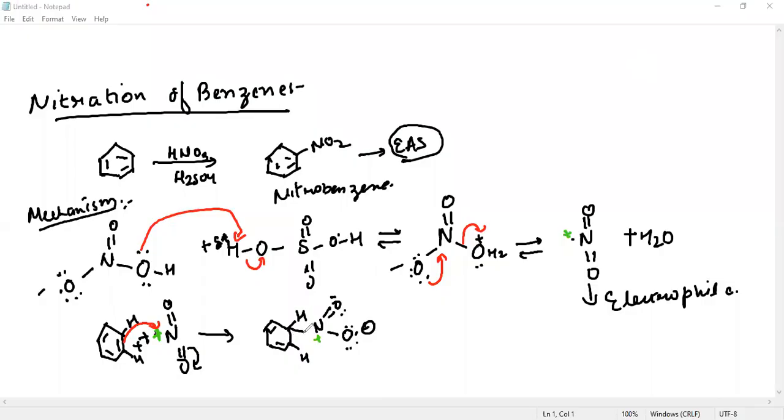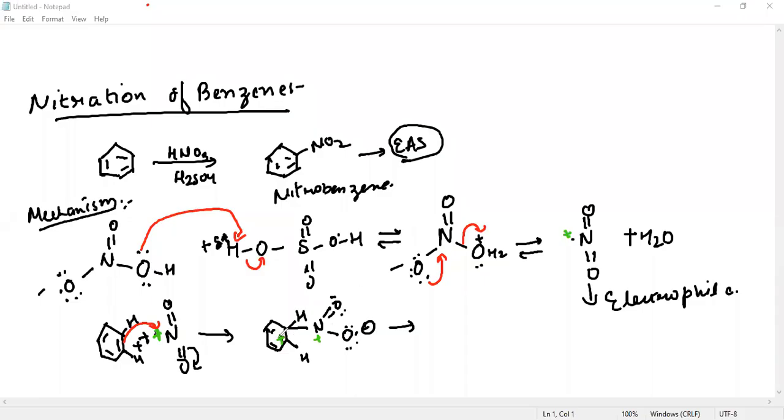Since this bond breaks and this nitronium ion is attached here, this one has the positive charge here. There is a positive charge here on the benzene ring as well. We don't want to forget this, because this bond attacked here and this nitronium ion attached here, so there is a positive charge here.